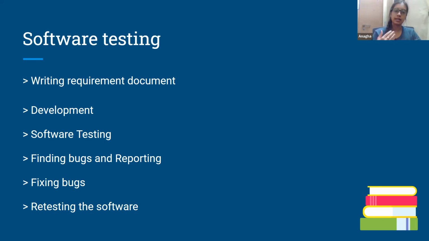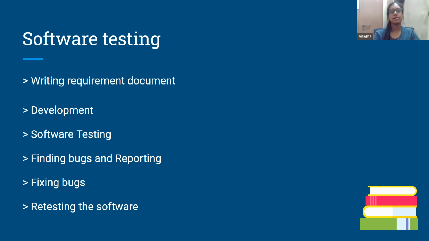As and when the customer specifies the requirements, as a QA analyst or a tester, we'll also be involved in the requirement document process. We have to write down some of the requirements mentioned by the customer. Once this requirement document is assembled, development starts. Developers will develop.